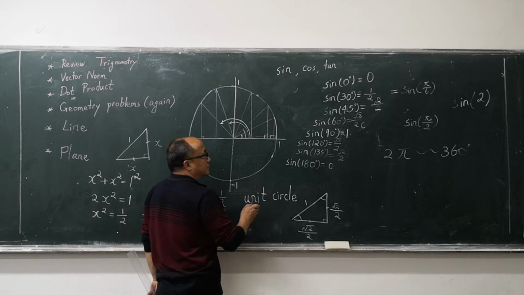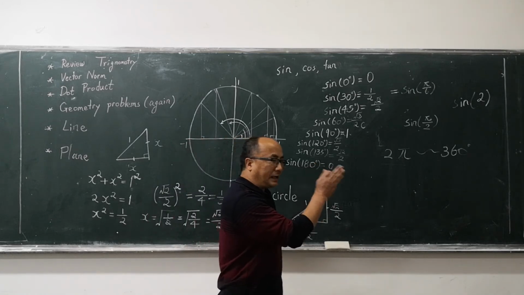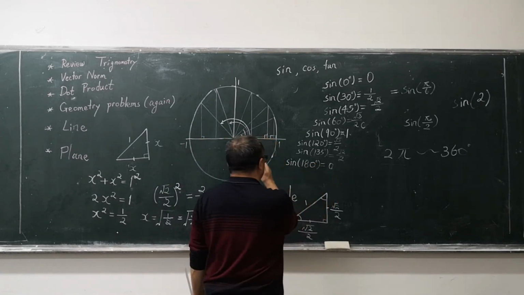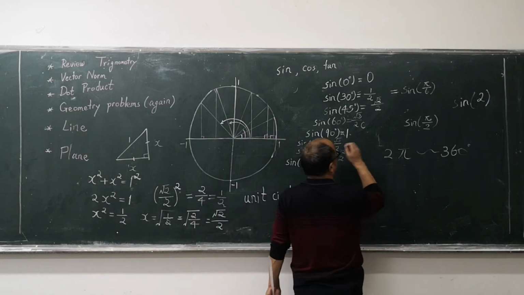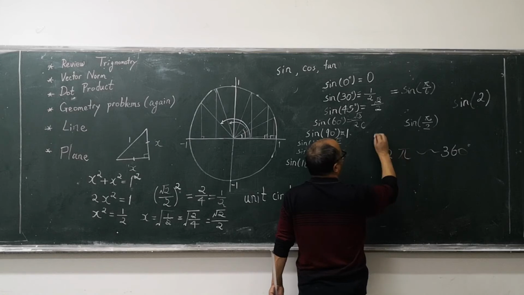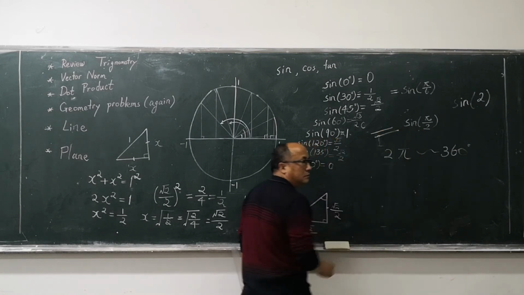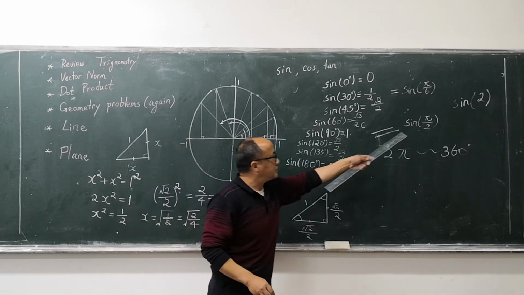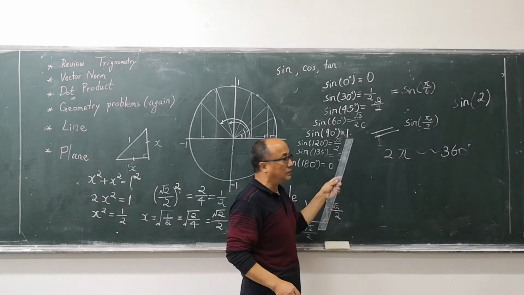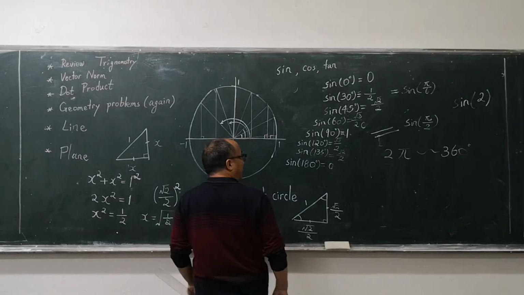Again, your friend turns 90 degrees. Where is the 90 degrees here? Is it here? It is pi over 2. So sine pi over 2 is 1, which is 90 degrees.